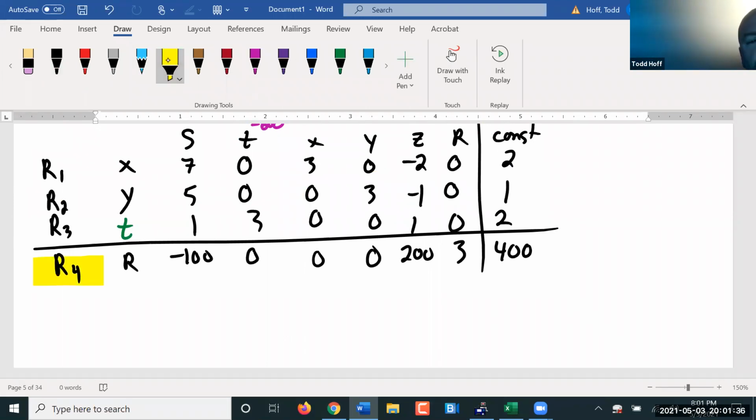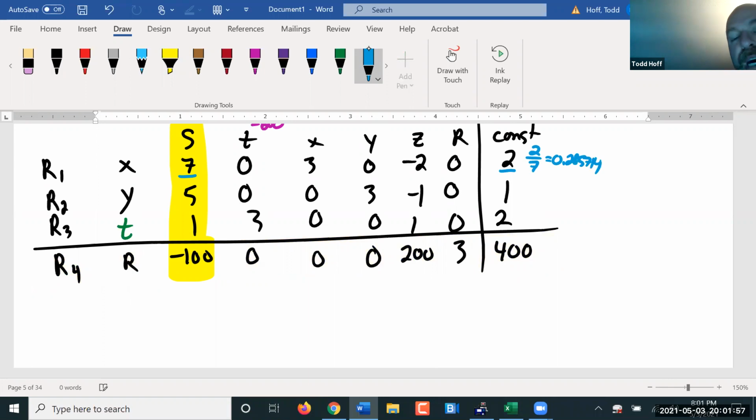Notice in our bottom row, we still have a negative number, that negative 100. So that is going to be our pivot column. Let's once again do our test ratios. We take our constant divided by the value in the pivot column. 2 divided by 7, as a decimal, is approximately 0.2857. 1 divided by 5 is 0.2, so it's a little bit smaller.